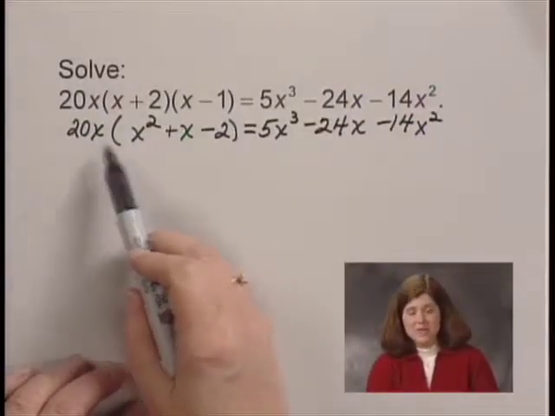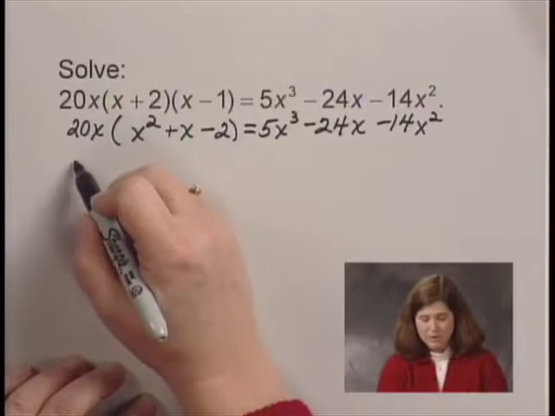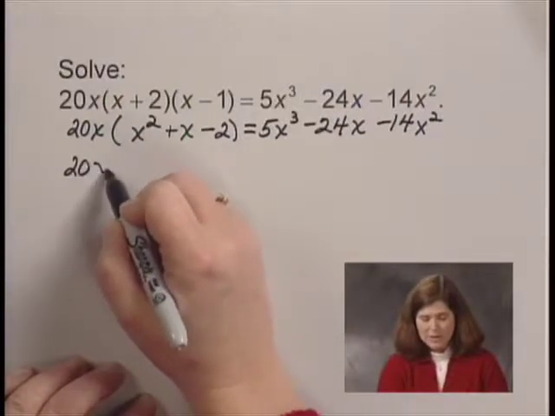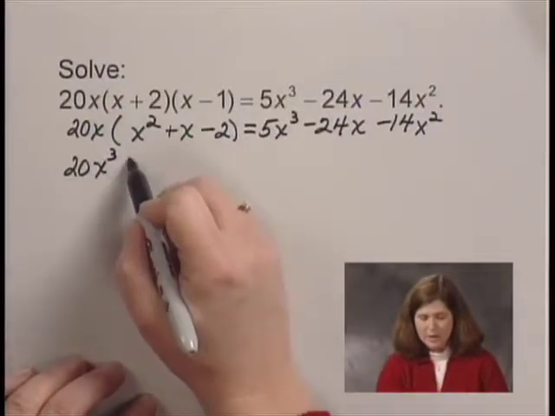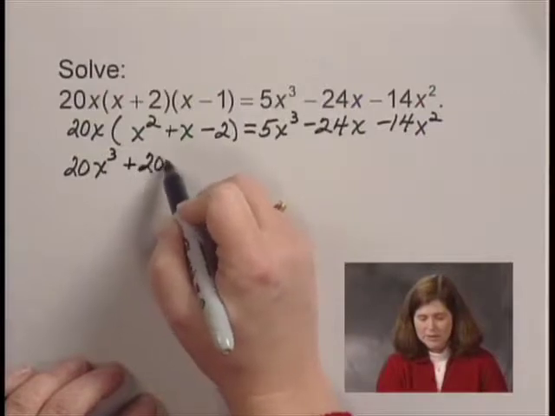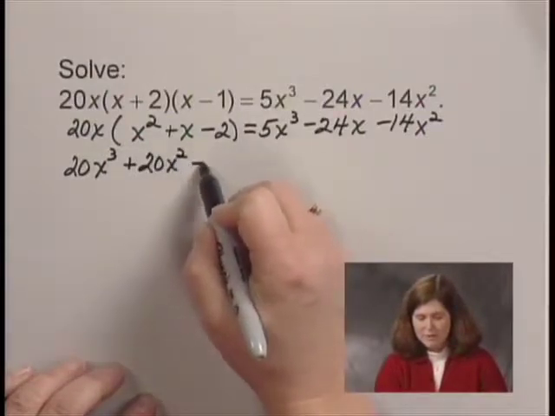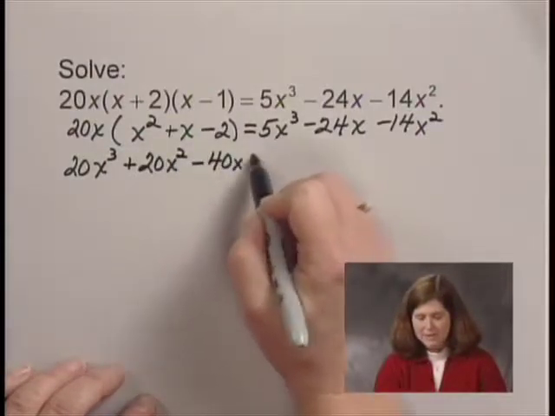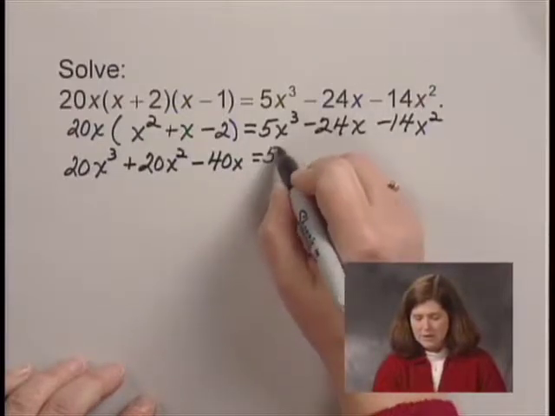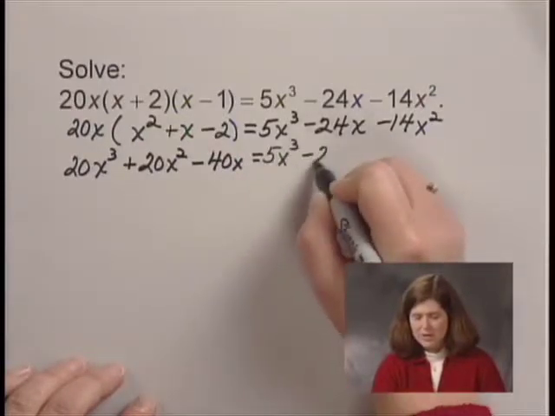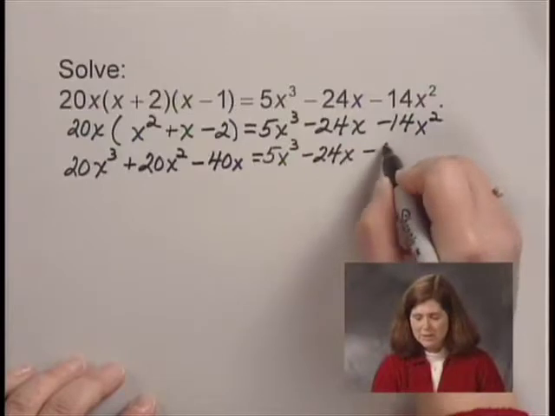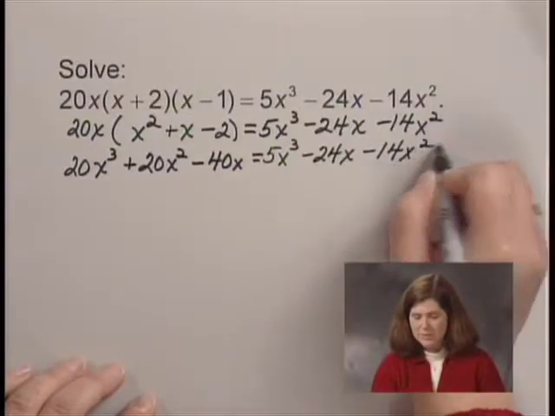Now I multiply 20x times this trinomial, and I have 20x cubed plus 20x squared minus 40x equals, again, 5x cubed minus 24x minus 14x squared.